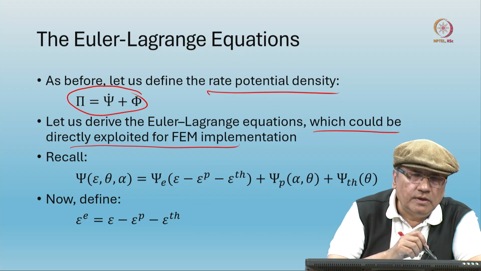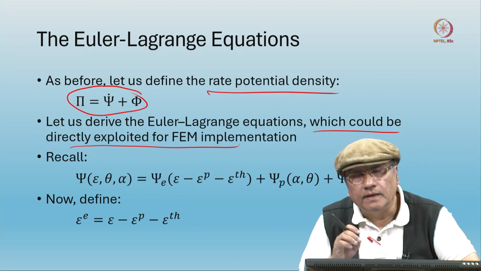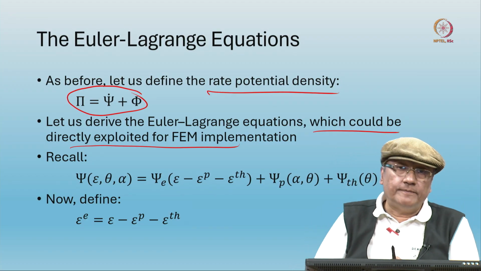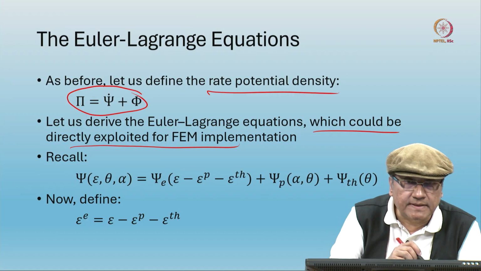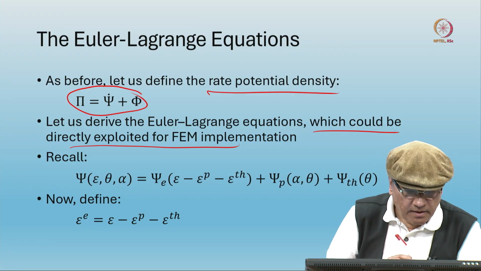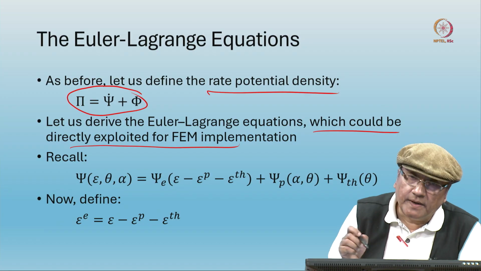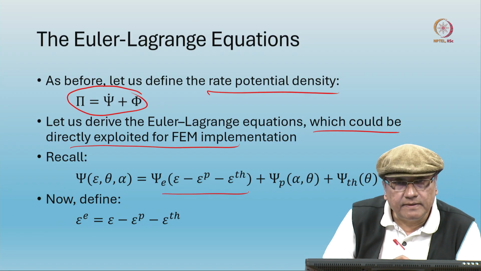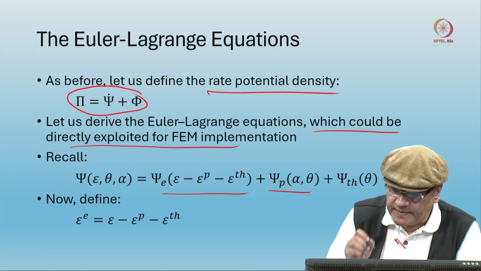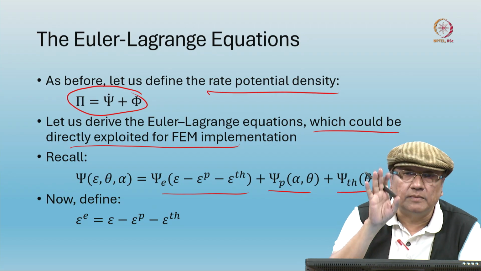Let us first split the free energy part, which is psi, the Helmholtz free energy, in three parts. One is the elastic part, the second is the plastic part, and the third is the purely thermal part.